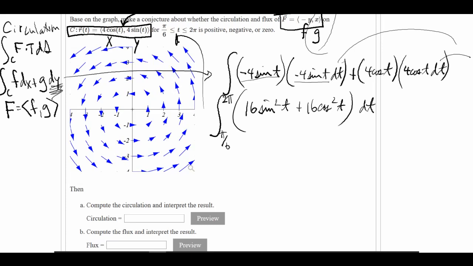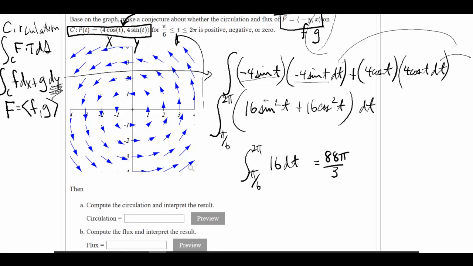So this is the integral from pi over 6 to 2 pi of just 16, which is easy enough to do by hand. This comes out to be 88 pi over 3.